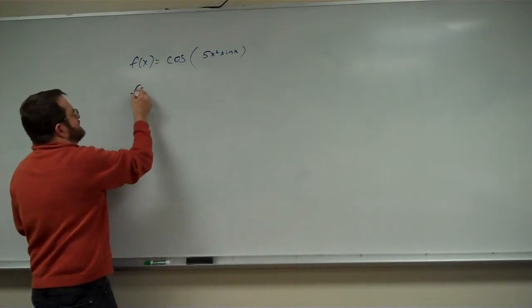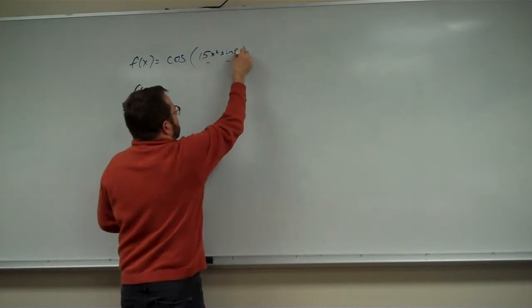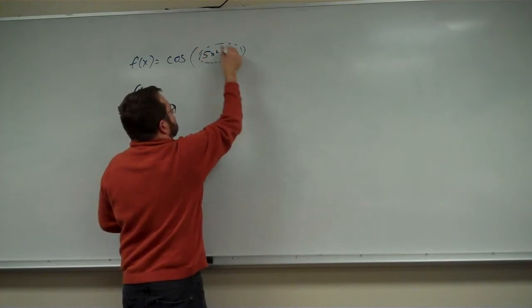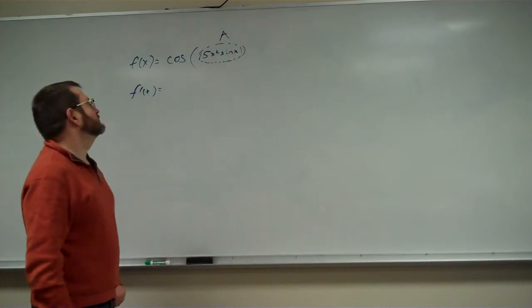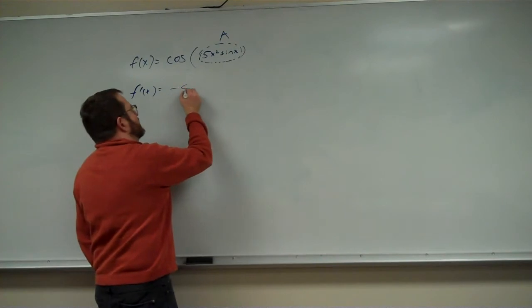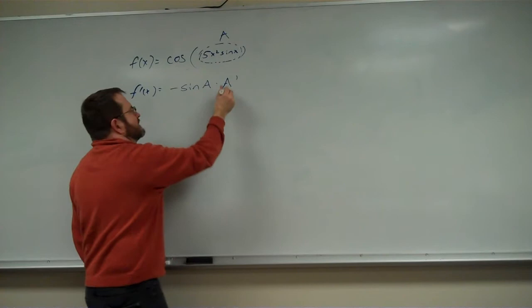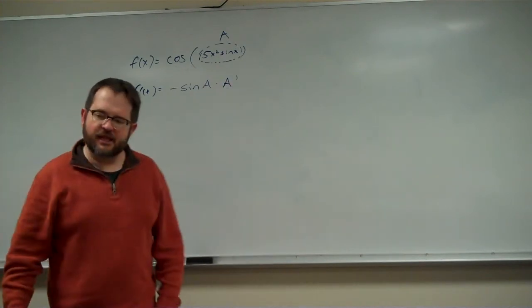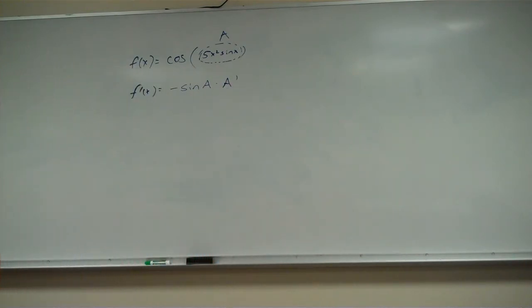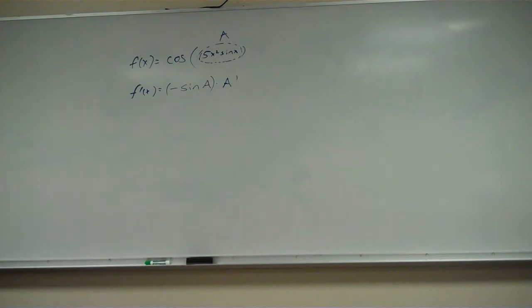The derivative of this beastie, well, let's call this thing a. Cosine of a, its derivative is no big deal. Derivative of cosine is negative the sine. Negative the sine of that thing, and then what the chain rule tells us is times the derivative of that thing itself. So negative sine a times, if a set of parentheses here will help you, the derivative of a.